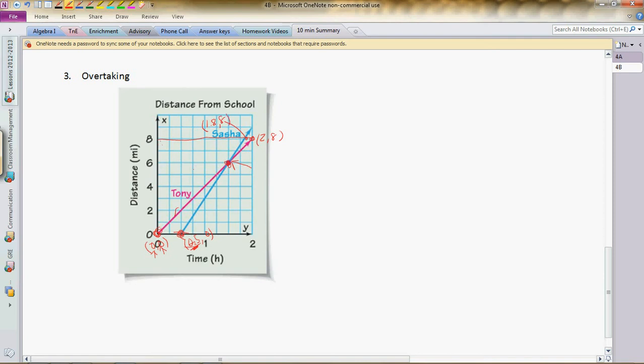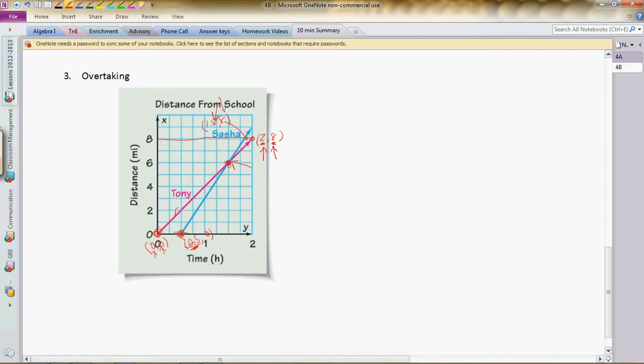I want you to think about each coordinate and what it really means. So this 2 means 2 hours and this 8 means 8 miles. That means Tony took, not 8 hours, I'm sorry, 2 hours to get to the 8 miles point. On the other hand, Sasha actually took less than 2 hours, which is 1.8 hours, in order to get to the same point, which is 8 miles.